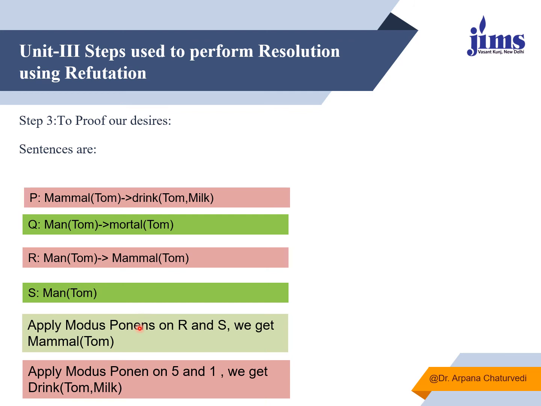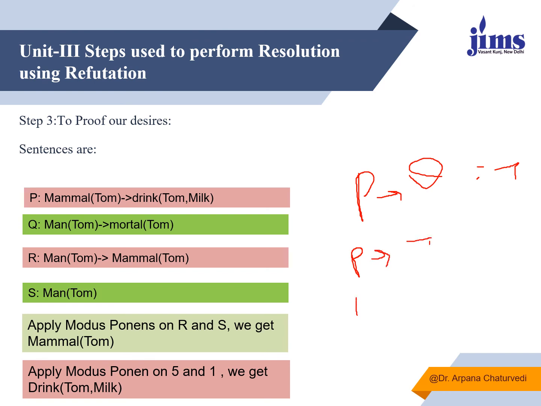So if we apply modus ponens on R and S, what will we have? We know what the modus ponens rule says: if P implies Q is true, as well as if P is true, then we say that Q is also true.